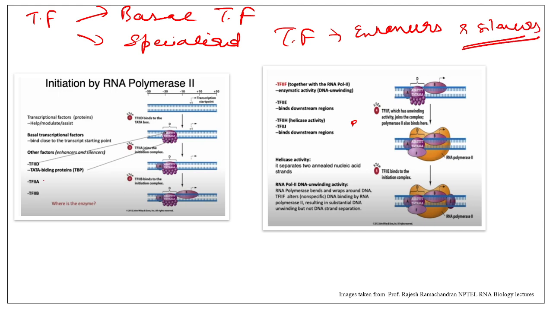First is your TFIID, then TFIIA comes, then B comes. This is just a sequence. Important here is the helicase activity, which is required in the last step. That is very much important.